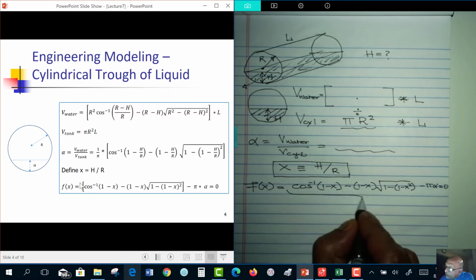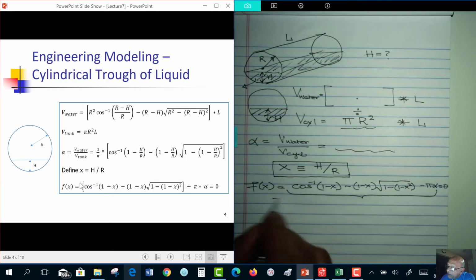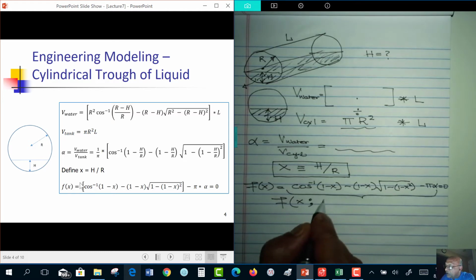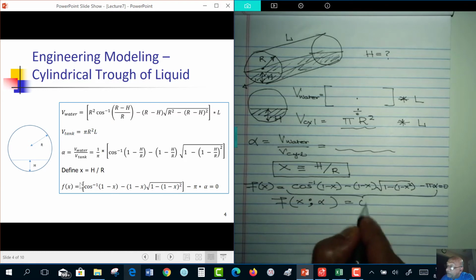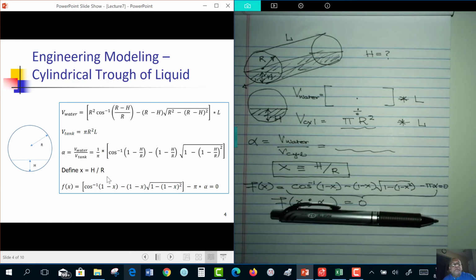So you can see that what we have here is an equation of the form f of x, but it also has this parameter alpha. So what we can do is we can vary parameter alpha and find our solution x. And we know our alpha can go from 0 to 2. So our height when it is full is 2r.